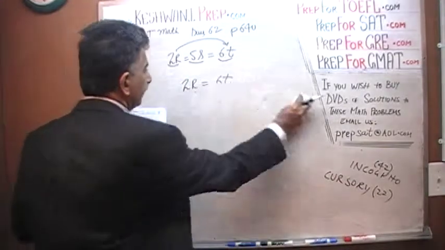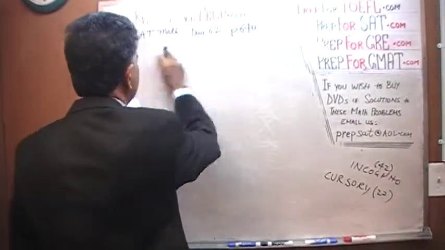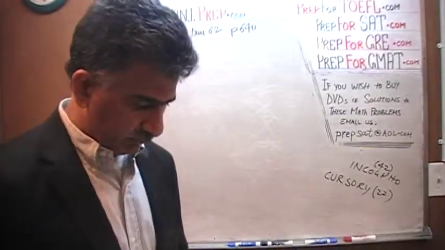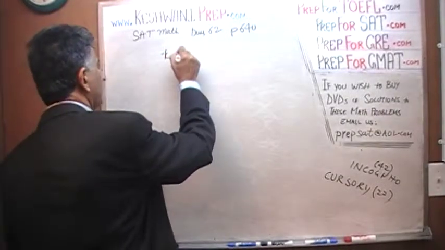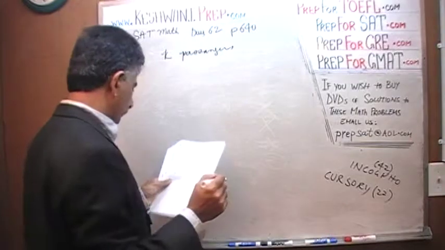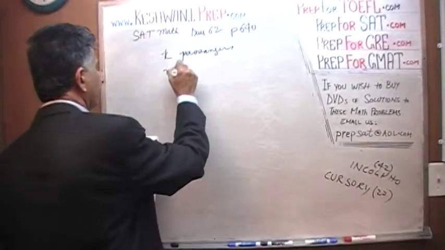Number 8. We are told a total of k passengers go on a bus trip. So we have k passengers, they're going on a bus trip, and we have n buses.